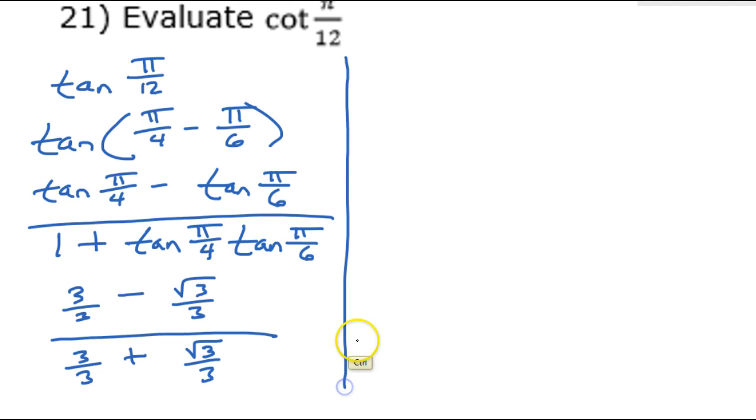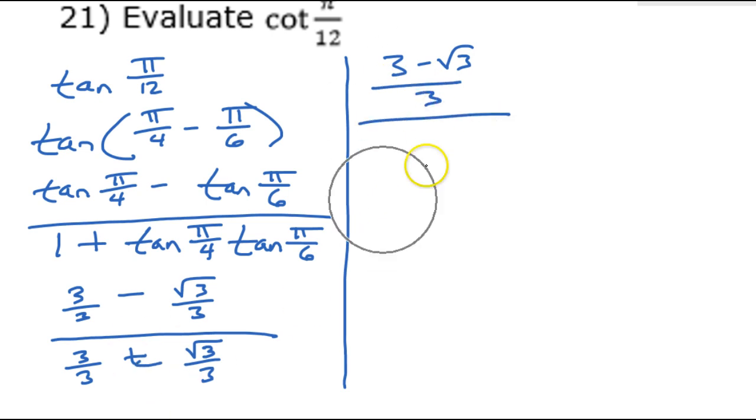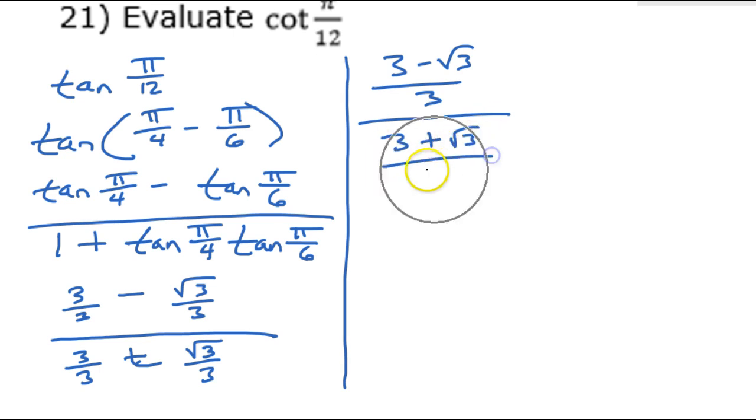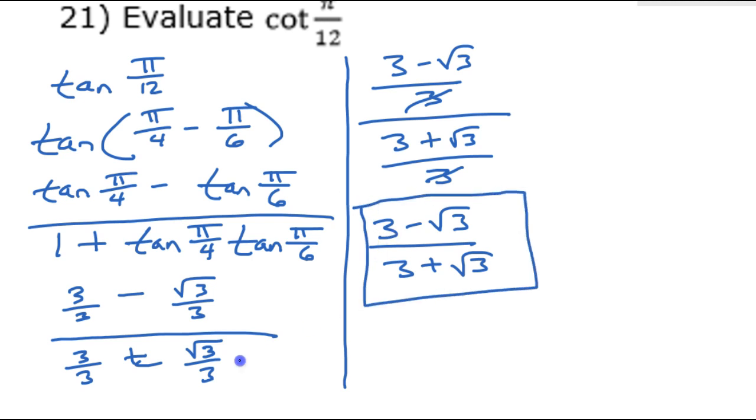So let me make a new column. This numerator is going to become 3 minus radical 3 over 3. And this denominator is going to become 3 plus radical 3 over 3. See how the denominators are the same? Those are going to cancel each other out, and I'm going to end up with 3 minus radical 3 over 3 plus radical 3. And that's the final answer.